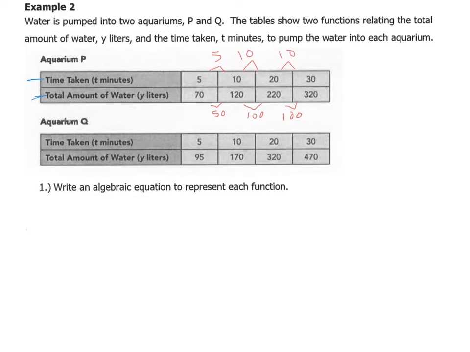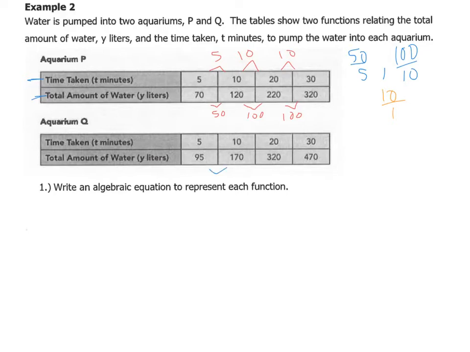So we have a change of 50 over 5 and a change of 100 over 10. It is linear if these reduce down to the same thing, which they both reduce down to 10 over 1.